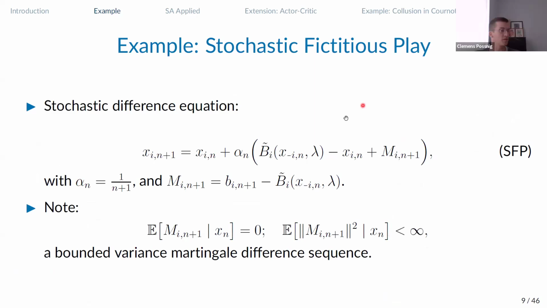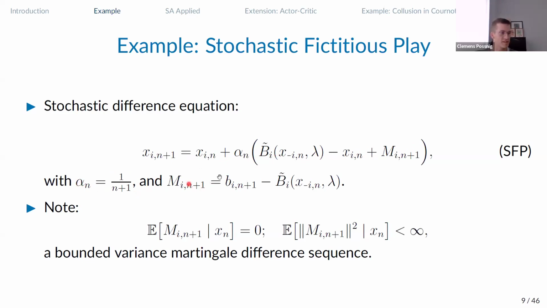All right, so let's look back at our stochastic difference equation for the empirical frequency. You can write this as well in this way, where tomorrow's frequency is today's frequency plus some step size times the expected update, which is just the expected value of your realized action minus xin, plus an error term. In our case, alpha n, the step size, is just 1/(n+1).